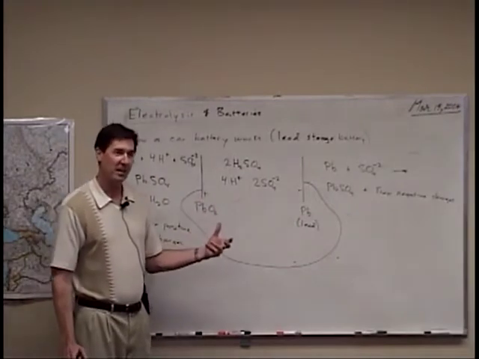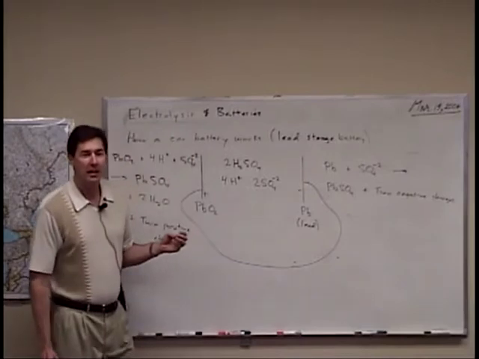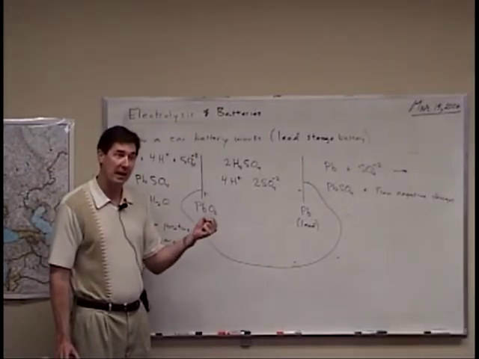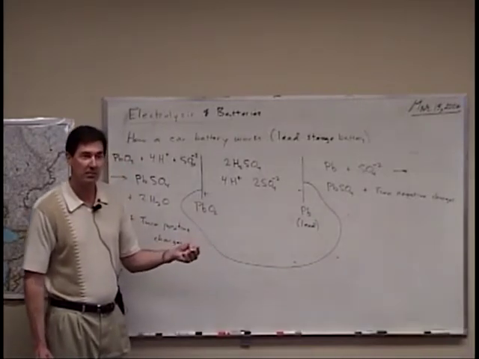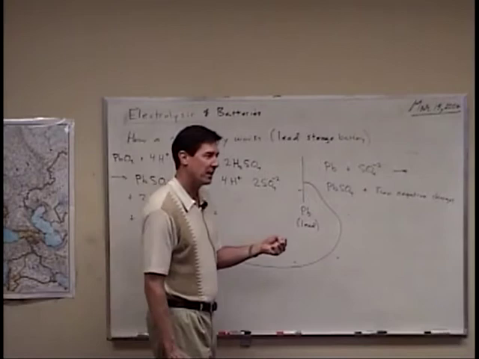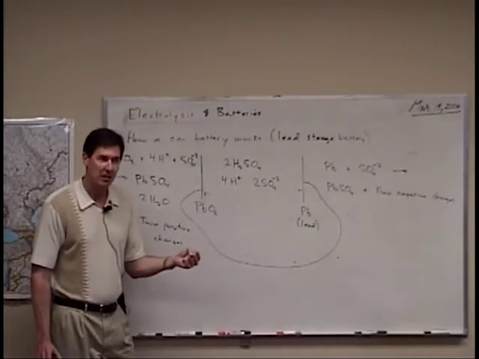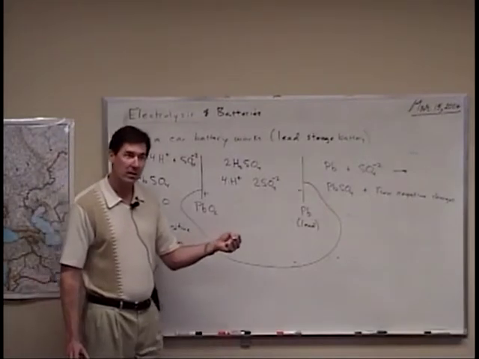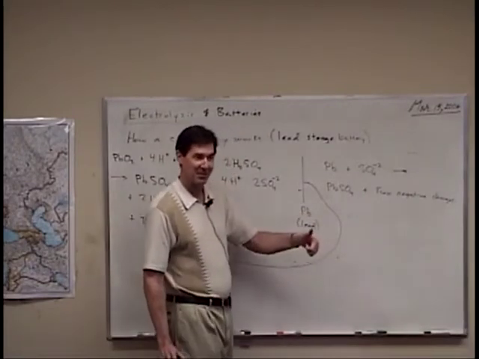And that's what Faraday found. He found that if you took 1 mole of a substance, reacted in electrolysis, in a battery or in an electrolysis reaction, it would either generate the exact same amount of electricity that you get from 1 mole of hydrogen, or it would generate exactly twice that amount of electricity.